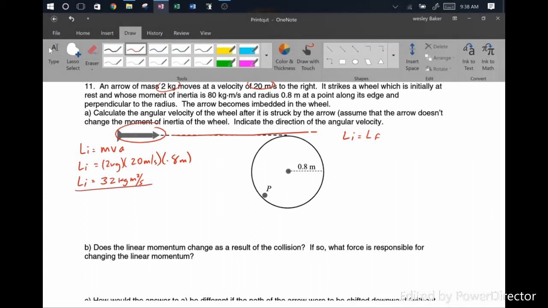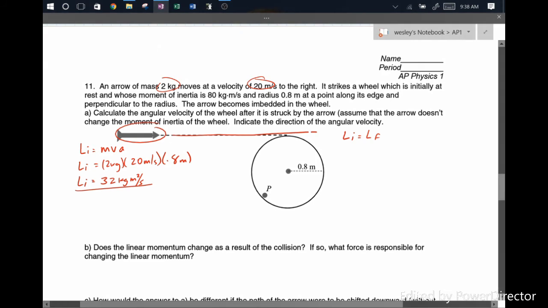That's the initial angular momentum. The final angular momentum is the total rotational inertia of this system times the rotational speed of this system. So the final angular momentum, since these are two objects stuck together, is the rotational inertia of the wheel plus the rotational inertia of the arrow times the final angular speed.